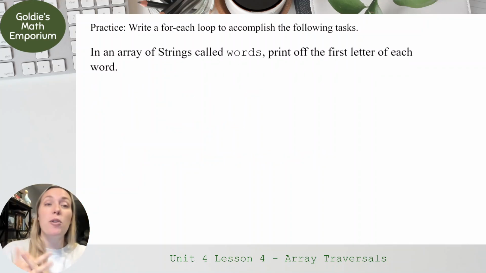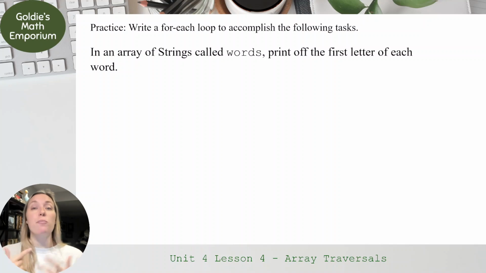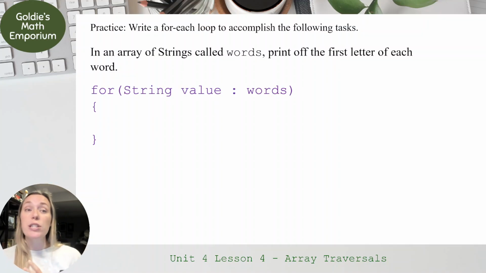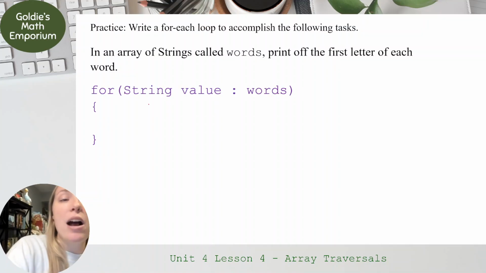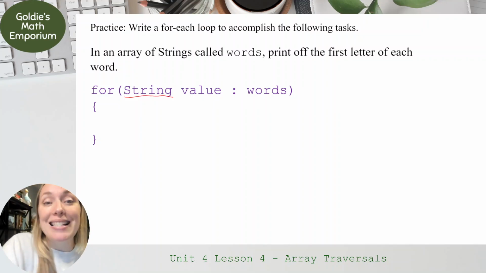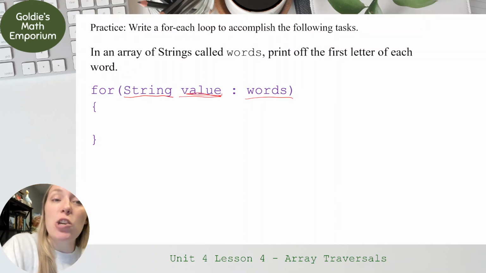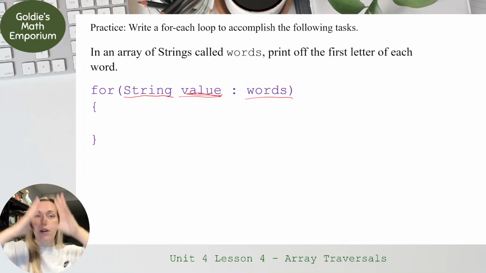If, in an array of strings called words, I wanted to print off the first letter of each word, then since words is going to have strings, I have to change this variable. It's going to be a String because words is an array of strings. So value is going to represent the word.